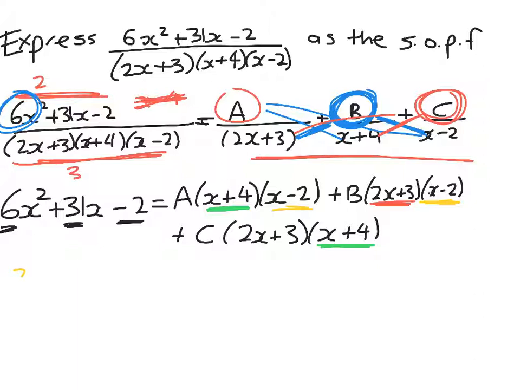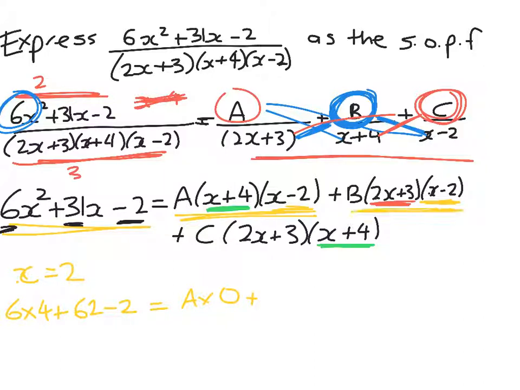So here we go. We've got x equals 2. We substitute on this side, and then we substitute in on the right hand side. So we get 6 times 4 plus 31 twos gives me 62, take away 2, equals a times 0 plus b times 0 plus c, and now I have to substitute in. 2 twos plus 3 gives me 7, and 2 plus 4 gives me 6.